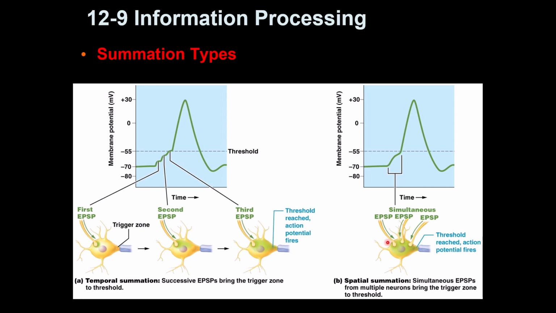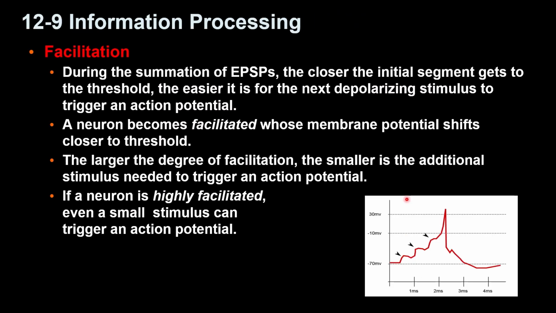If there was only one of them, it may cause a depolarization, but it will not cause an action potential because it stays below the threshold. If many of them come, they will go up, they accumulate, and they will go above the threshold, which causes an action potential. And facilitation is just a part of the summation.